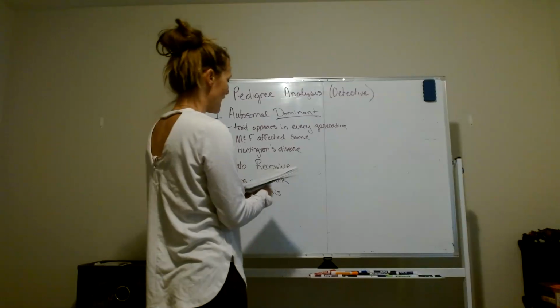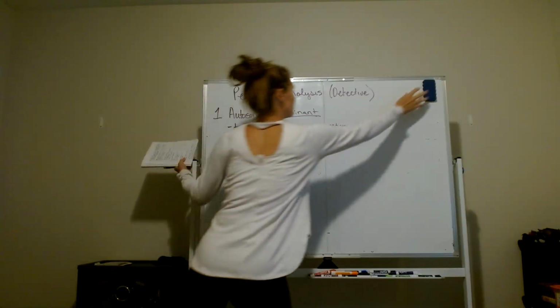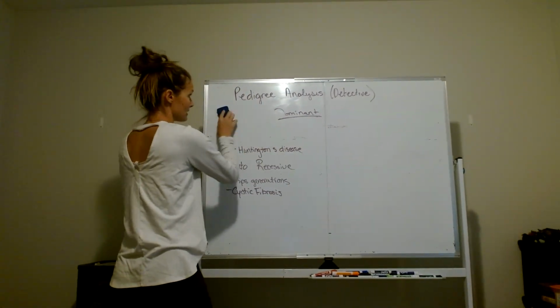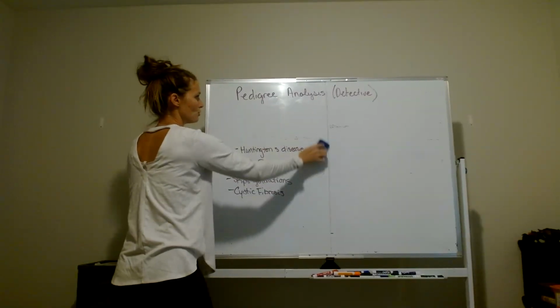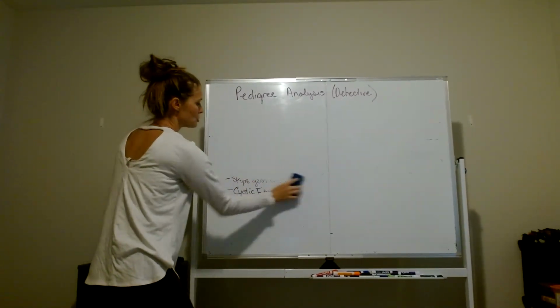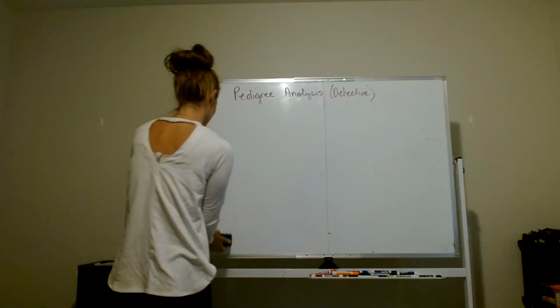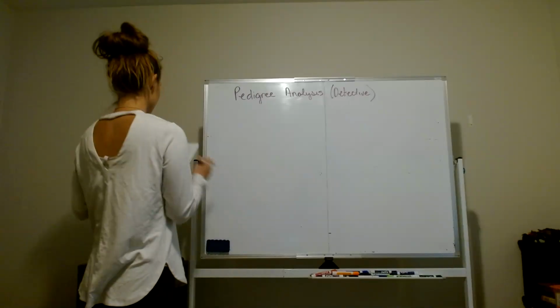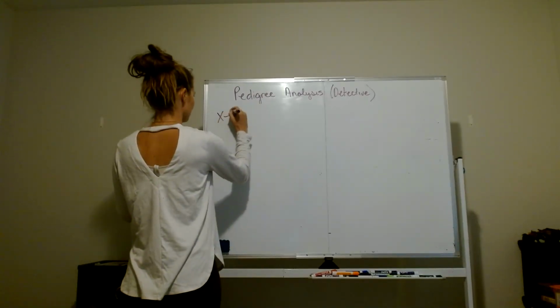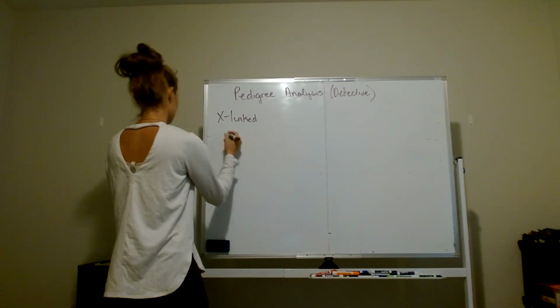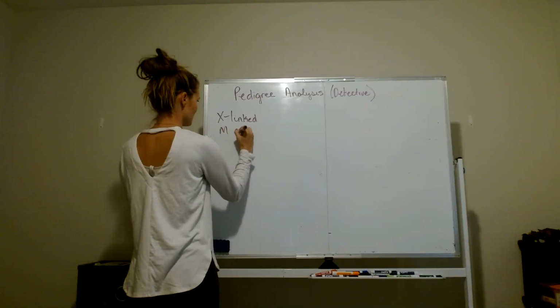The next one is X-linked. So that obviously means it's related to females. So the mother is the carrier, and they generally pass it to sons, right? It's more likely to affect males. So X-linked is males affected, like I said.